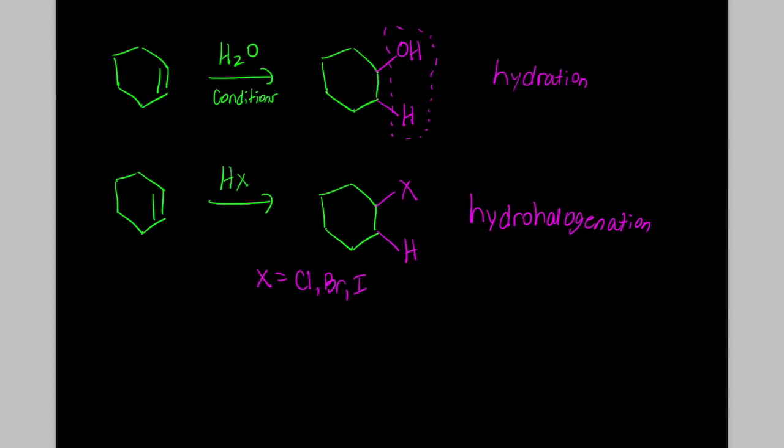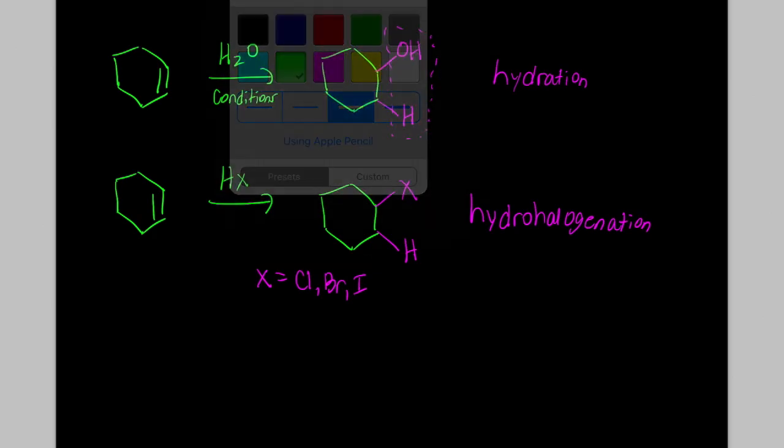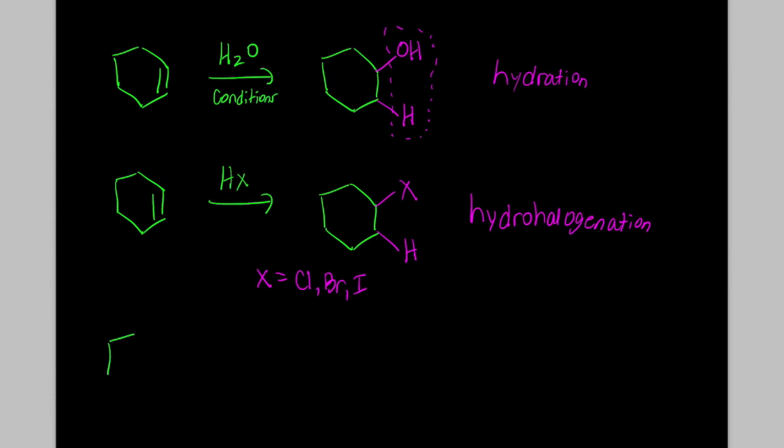Now, let's talk about hydrogenation. You probably have seen partially hydrogenated vegetable oil on the back of a potato chip bag or something. Now, what you're doing here is you're basically erasing the pi bond.